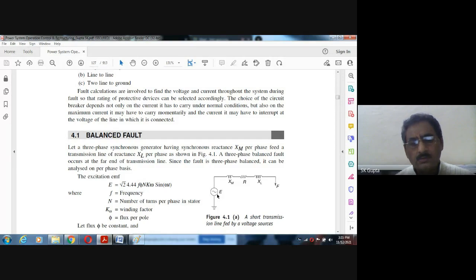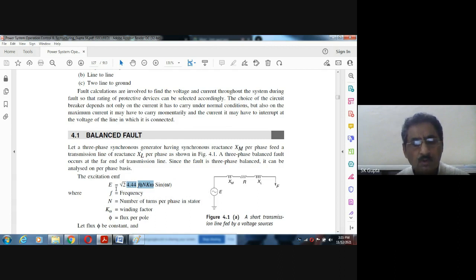If it is a generator, we know the RMS value is 4.44 f phi K omega. K is the winding factor and the number of turns, phi is the flux flowing into the generator, and f is the frequency. So this is the RMS value of the voltage coming out.